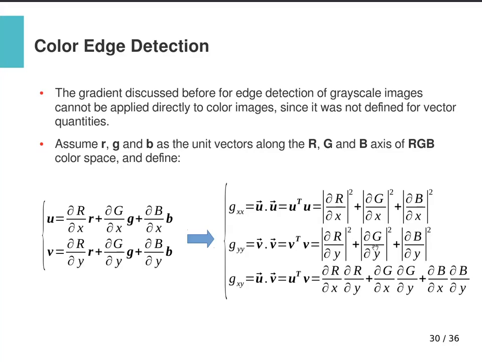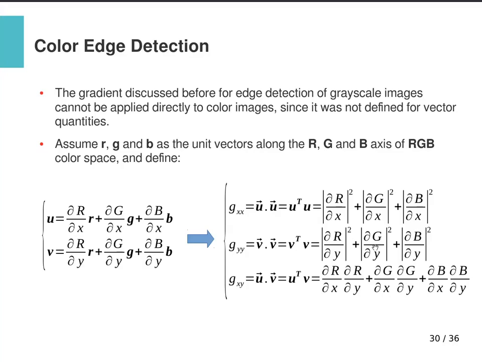If you remember, for grayscale images, for any pixel we only had one value that represents its intensity. In other words, grayscale images are scalar images, while color images are vector images. Why? Because for any given pixel we have multiple values that show the amount of different color components.